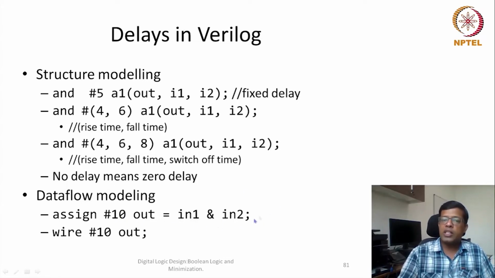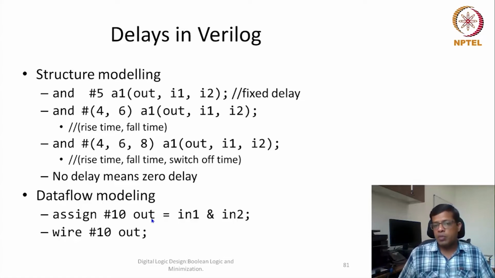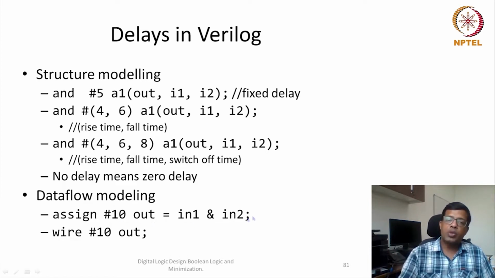There is one small caveat here. If my input changed at time 0, and after that the input again changed at time 8, then there is a possibility that there is no transition at the output. Although we said in hardware things are uncertain, Verilog being a deterministic language has very clear cut rules: if there is another change in the input, then this hash 10 may not apply, because my input has further changed before the delay of this particular transition completed.